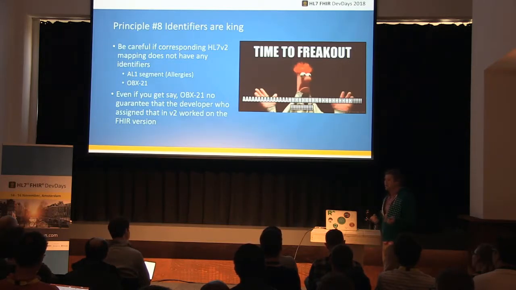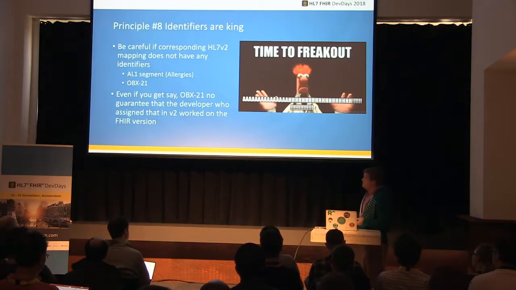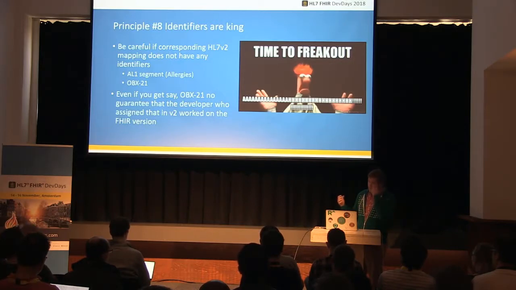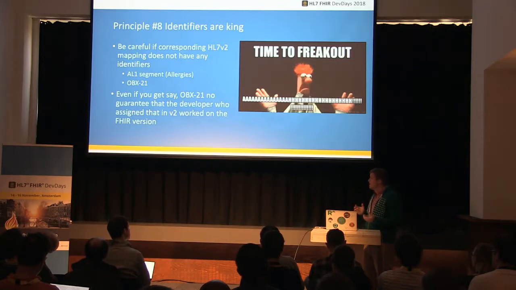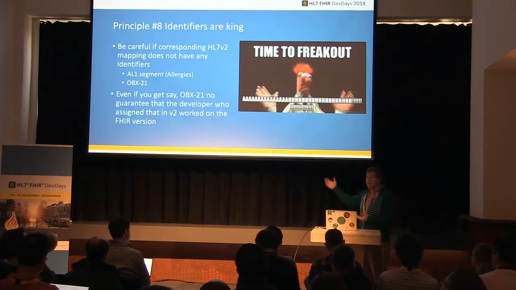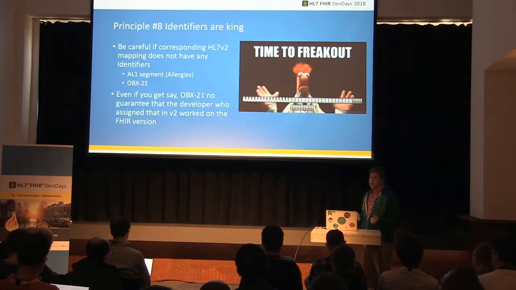There's a second case where things in V2 have identifiers, but they don't always get populated. OBX-21 is an example. Again, OBX is observations. This was something added very late in V2, so a lot of the EHRs that send OBXs don't support it.